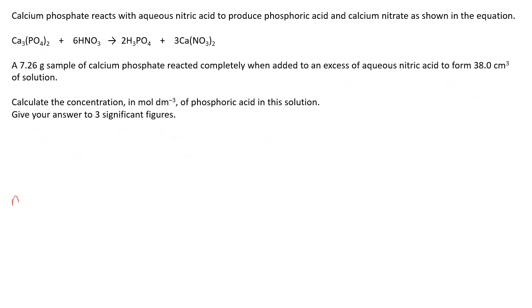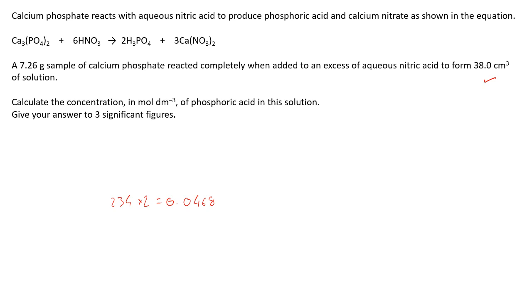So the moles of the phosphoric acid, the H3PO4, is going to equal that 0.0234 from the calcium phosphate multiplied by 2, because it's a 1 to 2 ratio and 2 is twice as big as 1, so you're timesing it by 2. That gives you 0.0468.